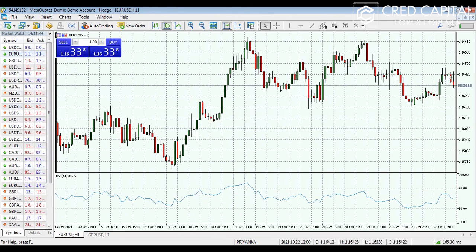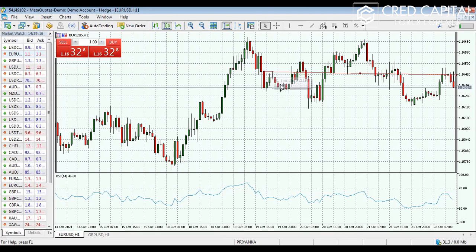Euro USD, you can see in the market right now. Look. Here is appearing a kind of hanging man, and the market is falling, and it is actually appearing at the resistance level, because the market is continuously retouching these highs.